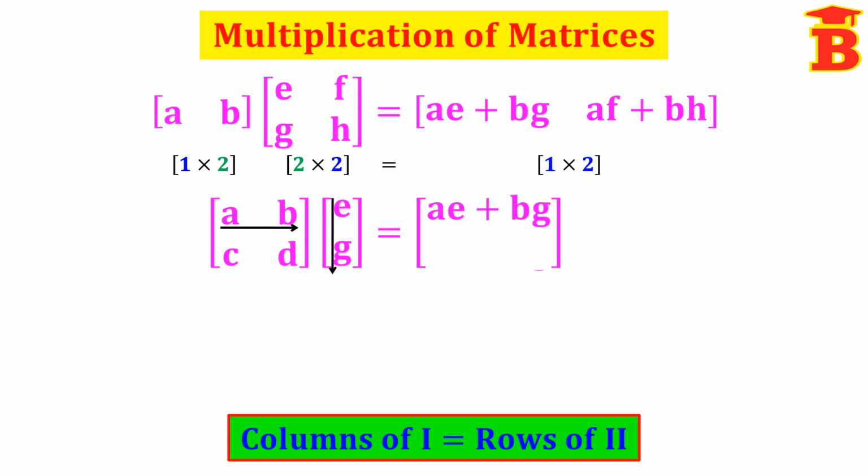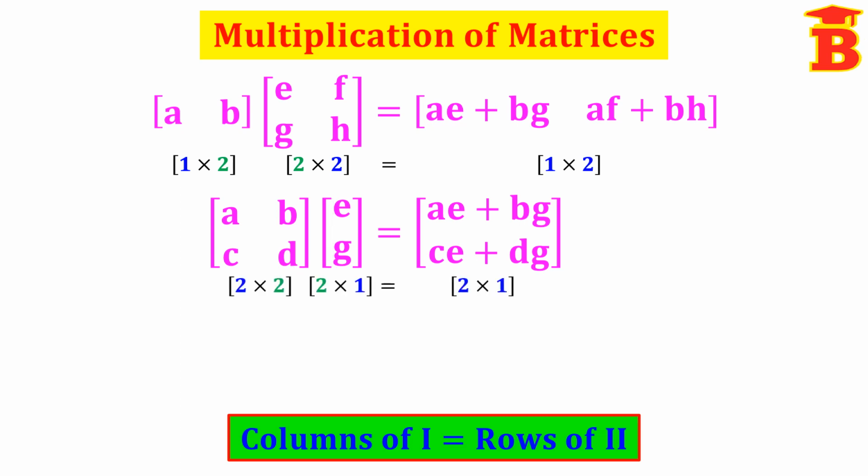This is first row, so we write the answer in the first row. Next take second row and multiply with the column and write the answer in the second row. So we get C E plus D G. And this is the answer.